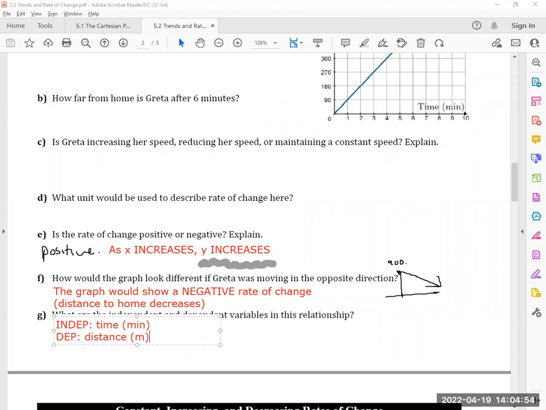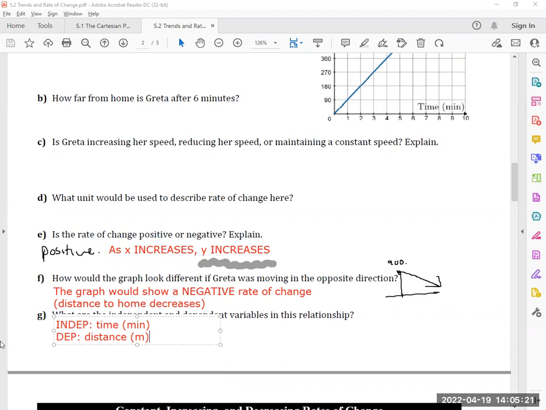So most of this is just practice questions, but I do want to do one last thing with you, and that is the idea of rate of change to describe, again, a trend, even if it's not a straight line. This is a concept that grade 12 students do in calculus, but you'll first be introduced to it here so that it's not completely out of left field when you get to, let's say, physics.